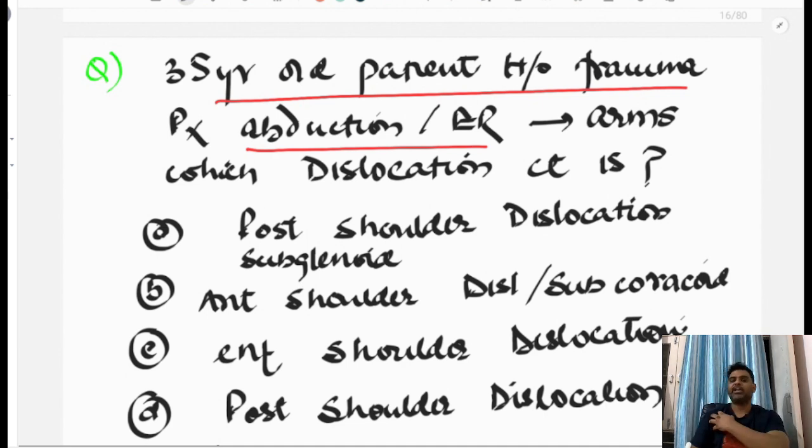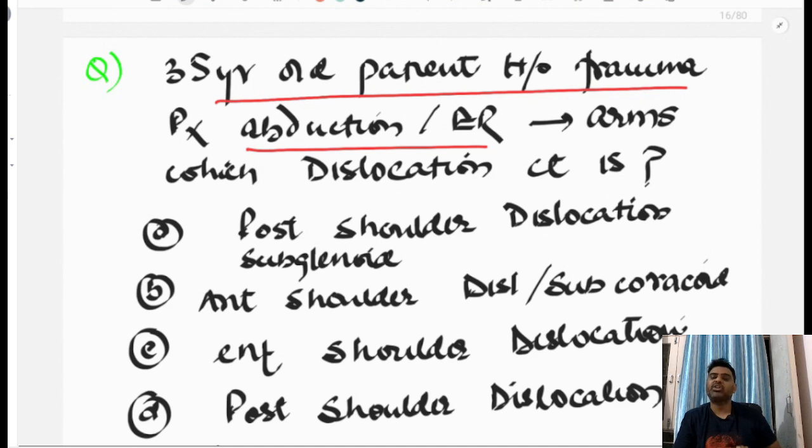It is the anterior dislocation. Now, how will the patient present? The patient will present in the form of Amitabh Bachchan. For example, Amitabh Bachchan says, "Na, hey, kya re?" So he says, "Hey." That means external rotation and abduction, just like the Amitabh Bachchan classical pose. So the most common shoulder dislocation is anterior, and the most common presentation is abduction and external rotation.